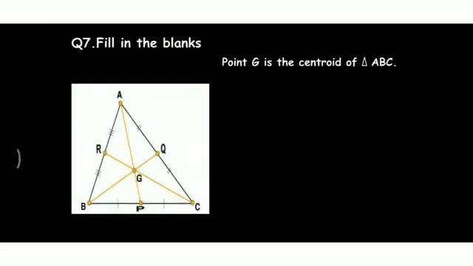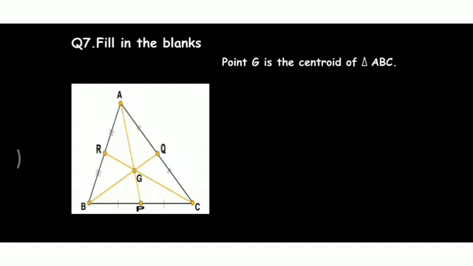So we will solve a sum from your practice set 4.1 based on this statement. This is question number 7 from your practice set 4.1, in which you have to fill in the blanks, and a diagram is given in which point G is the centroid of triangle ABC.